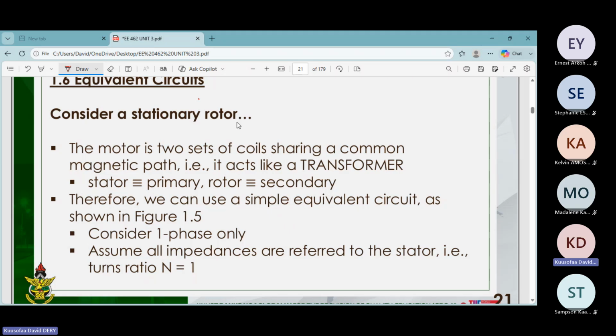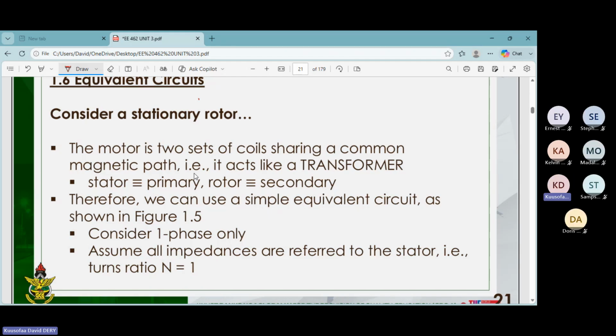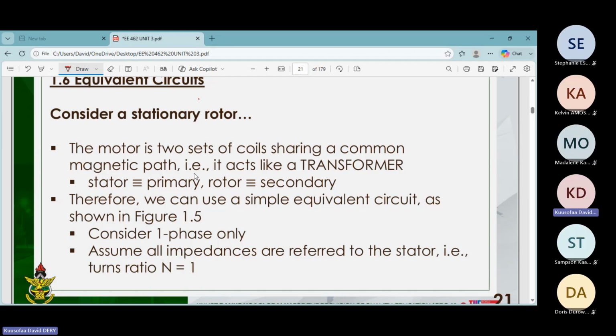When you look at it, it basically behaves like a transformer, right? Because it behaves like a transformer, we want to also represent its equivalent circuit like that of a transformer. But we know that the transformer is a static device, but the induction motor is a rotational device.